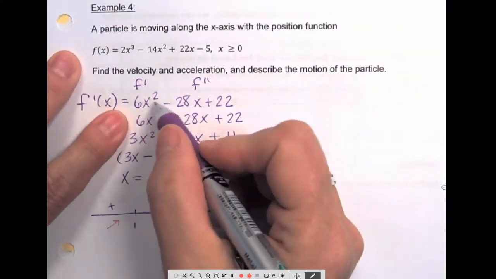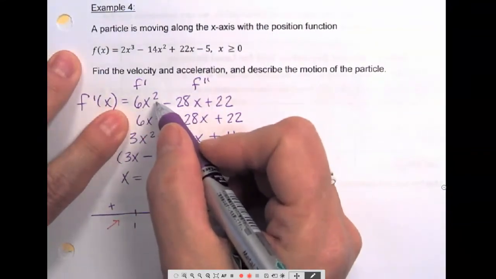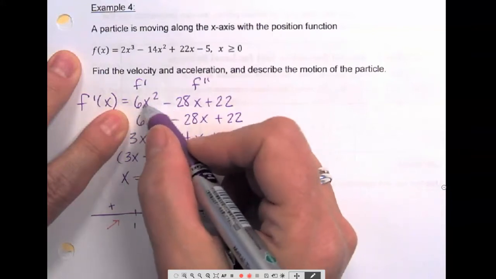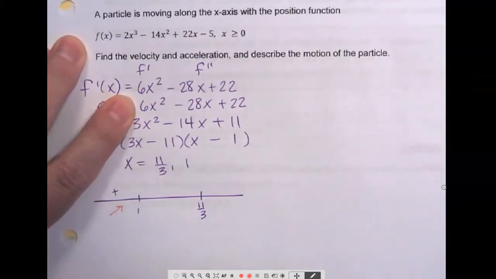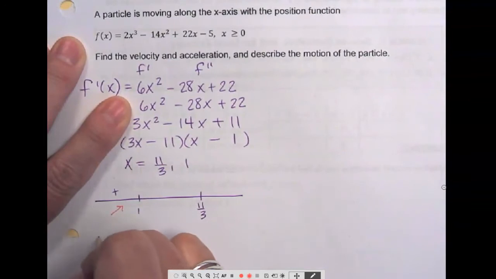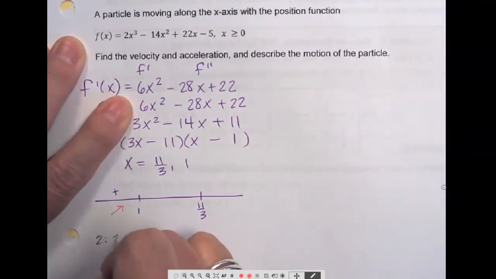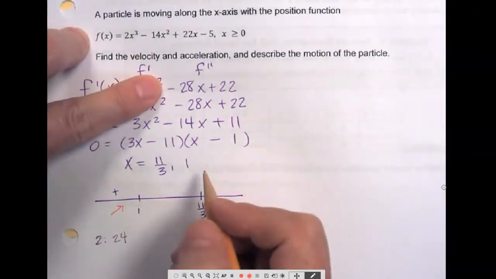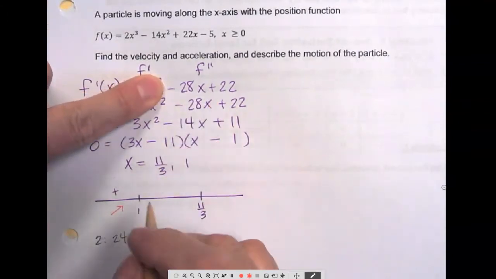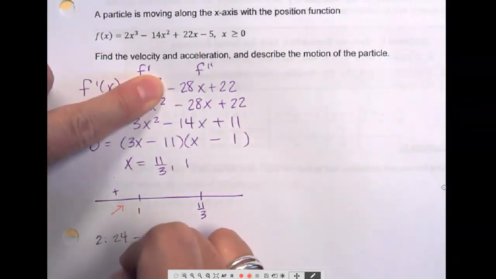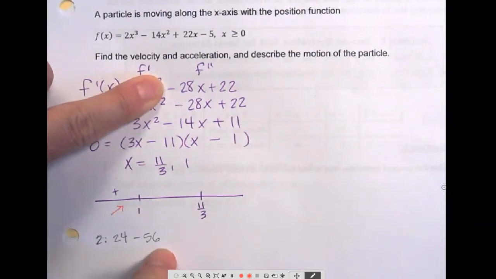Okay, so 6 times 2 squared, 24. I'm going to come down here and write this. So I'm subbing in 2. Okay, so I got 24 minus 28 times 2 is minus 56. So far I'm negative.